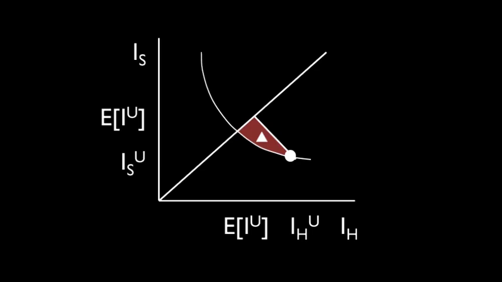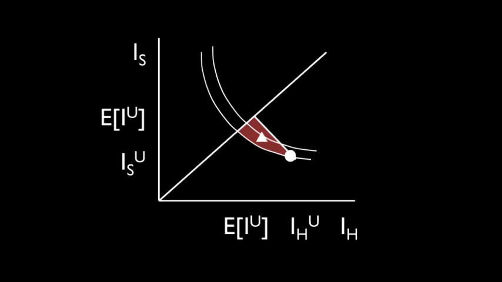The reason this is true is because if you draw an indifference curve through Triangle, it's going to be higher than the indifference curve that goes through Circle. The indifference curve that goes through Circle represents how happy you are when you have no insurance at all. So Triangle, in other words, would yield higher utility for a person than not having any insurance. Okay, so we can check off the first criterion for this being in equilibrium.